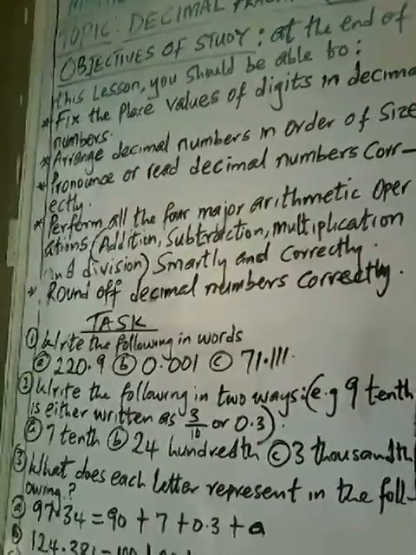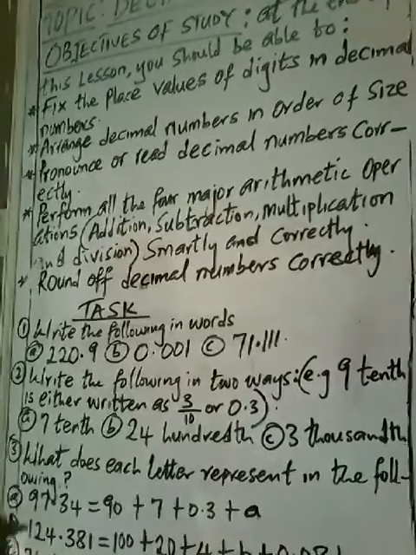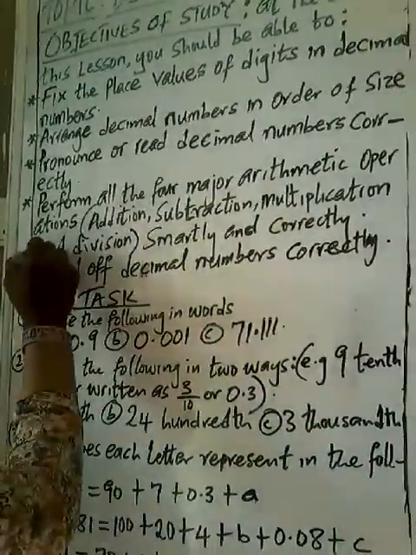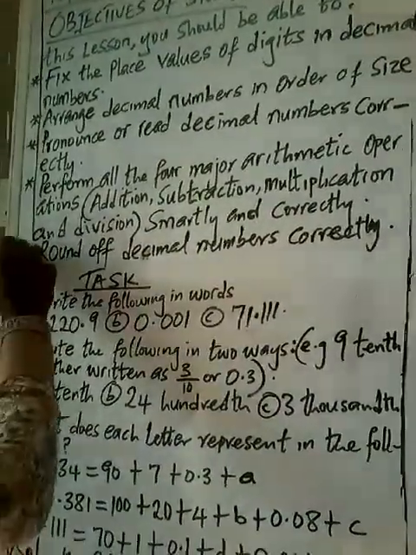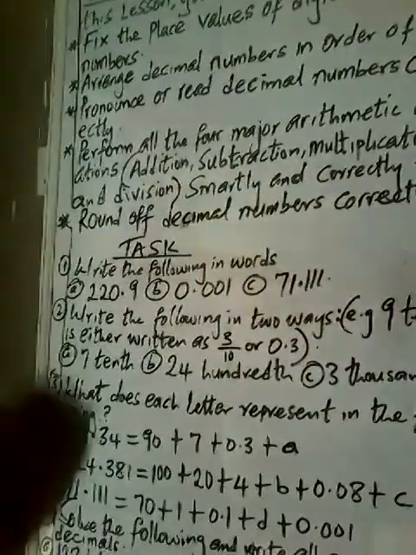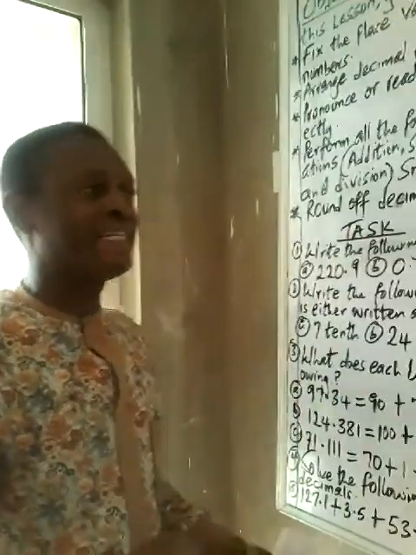You must also be able to perform all the four major arithmetic operations: addition, subtraction, multiplication, and division, smartly and correctly. And lastly, you must be able to round off decimal numbers correctly. We may not get to this last item today because it's a very broad area. We will shift that to a later date.